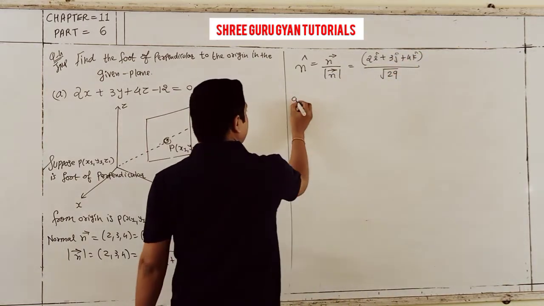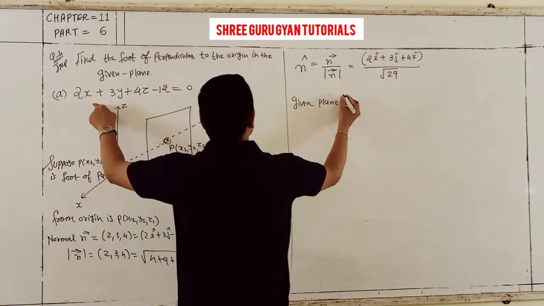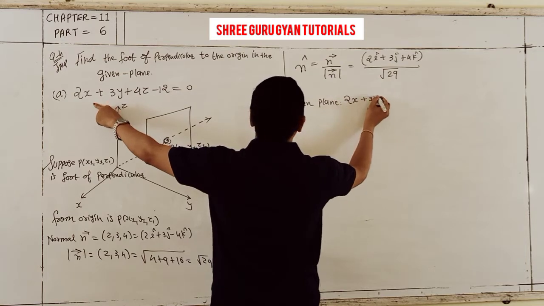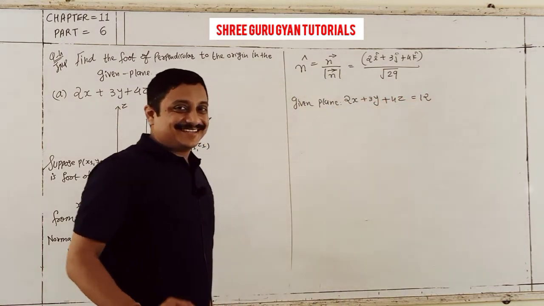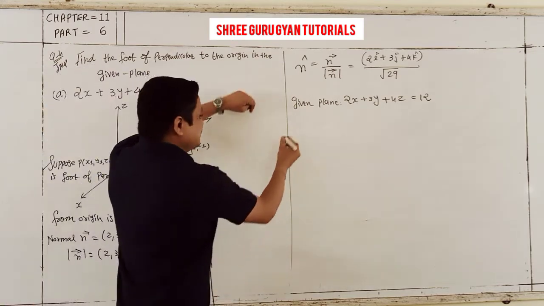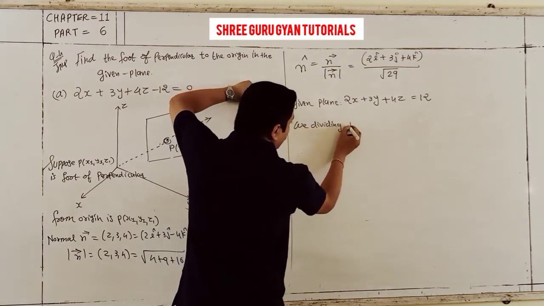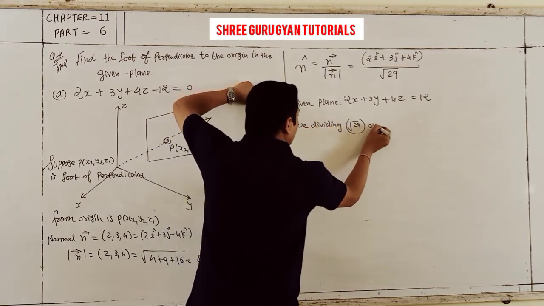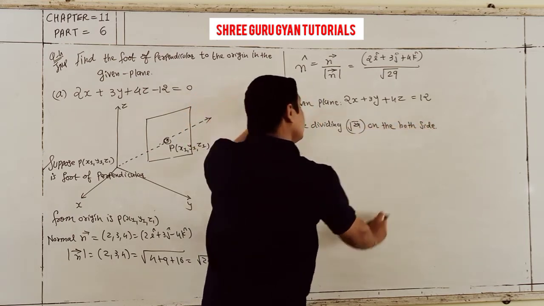That's why, given plane, I just write down my given plane 2x plus 3y plus 4z is equal to 12, and divide by root 29 on both sides.